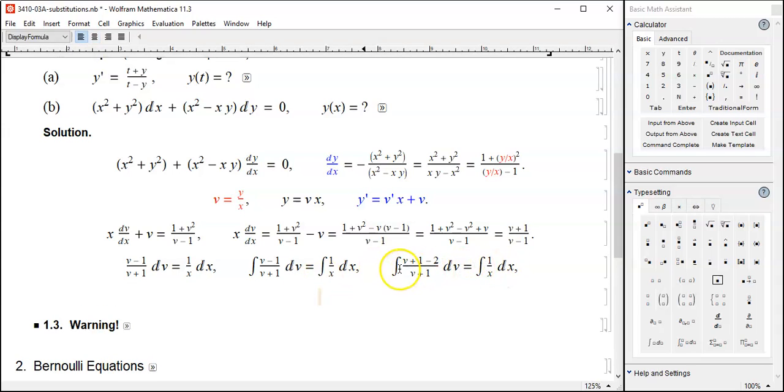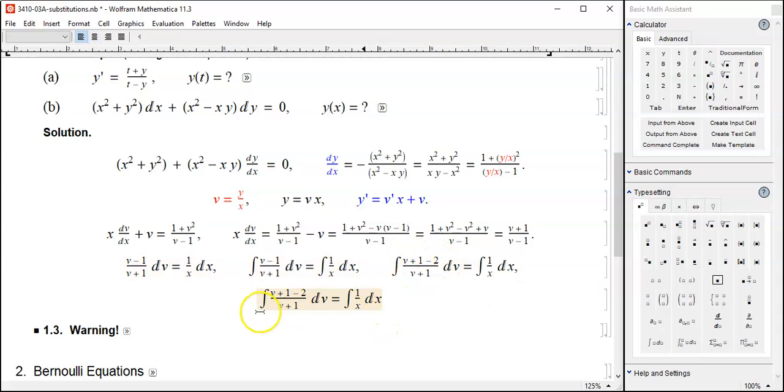And then, let's see, what is this integral in the left-hand side? V plus 1 over v plus 1, it is nothing more than just 1. That's what we get.